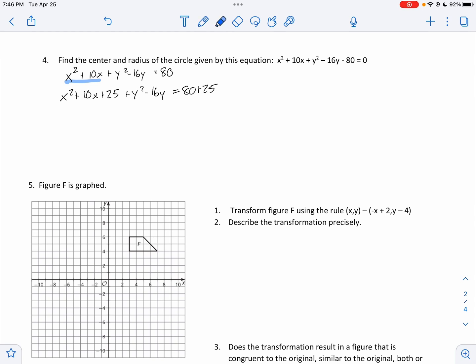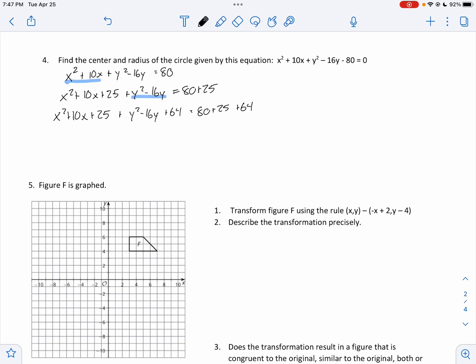And then a similar process for these two terms, taking negative 16, dividing it by 2, and squaring gives us negative 8 squared, which is 64. So adding 64 to both sides gives us 80 plus 25 plus 64.